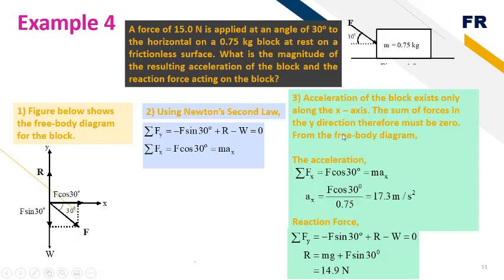From the free body diagram, we substitute the values that we know to get the acceleration of the system to be 17.3 meter per second squared, and the reaction force can be calculated from the equation of Fy to get R equal to 14.9 Newton.